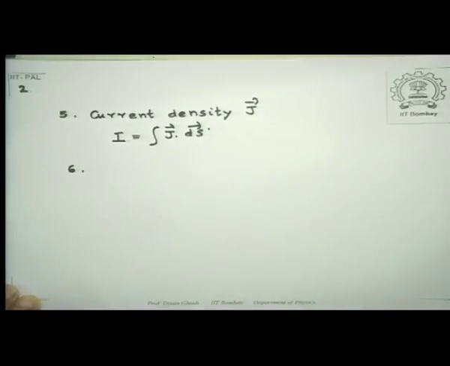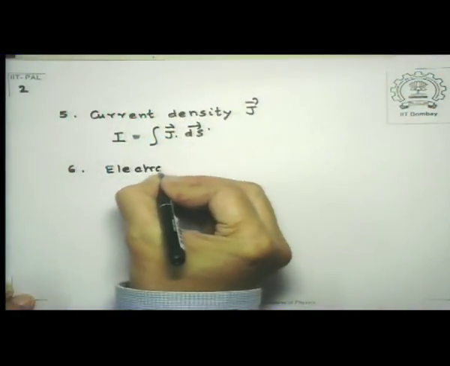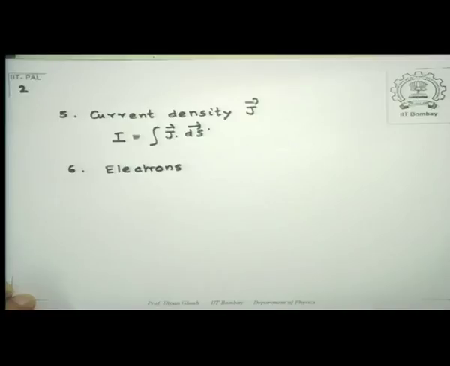Primarily in conductors, the charge carriers, that is those which are responsible for conduction, are electrons. However, there are situations where we saw that ions can also conduct, particularly it happens in electrolytes.